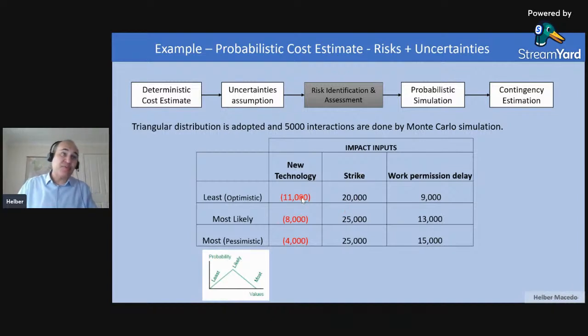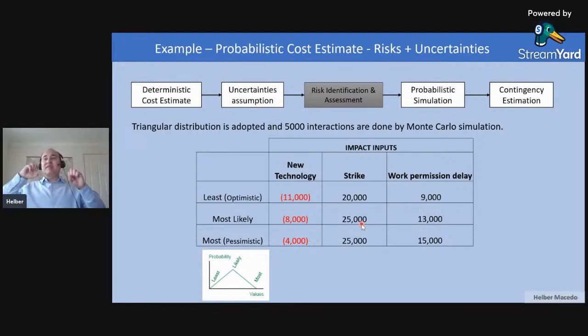For example, for the new technology, it will be negative because it's a saving, an opportunity. And for the strike, it will be a positive number because I will increase my cost, a cost overrun. And the same thing for the work delay. So they need to estimate these impacts here.